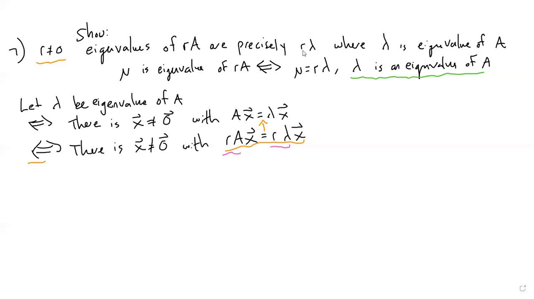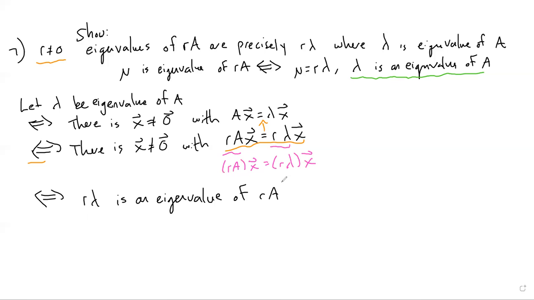So if I rewrite this, by the definition of being an eigenvalue, this tells us that r lambda is an eigenvalue of rA.